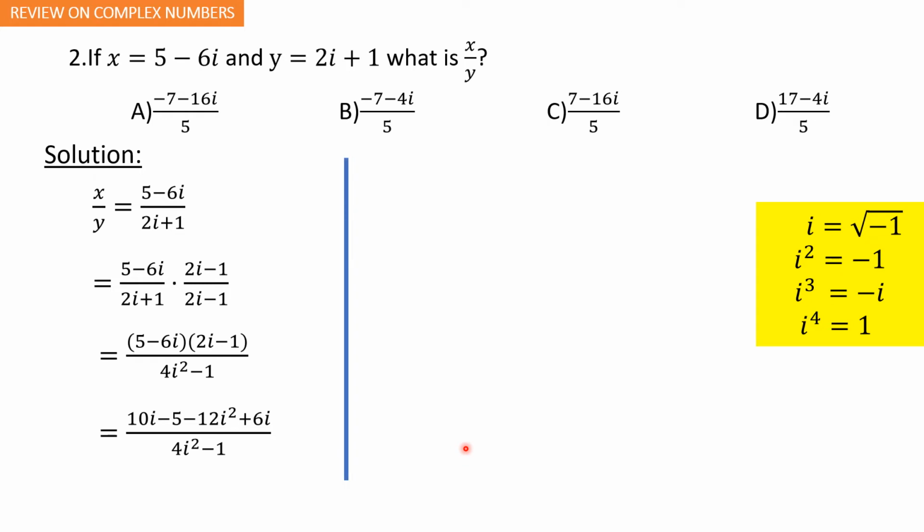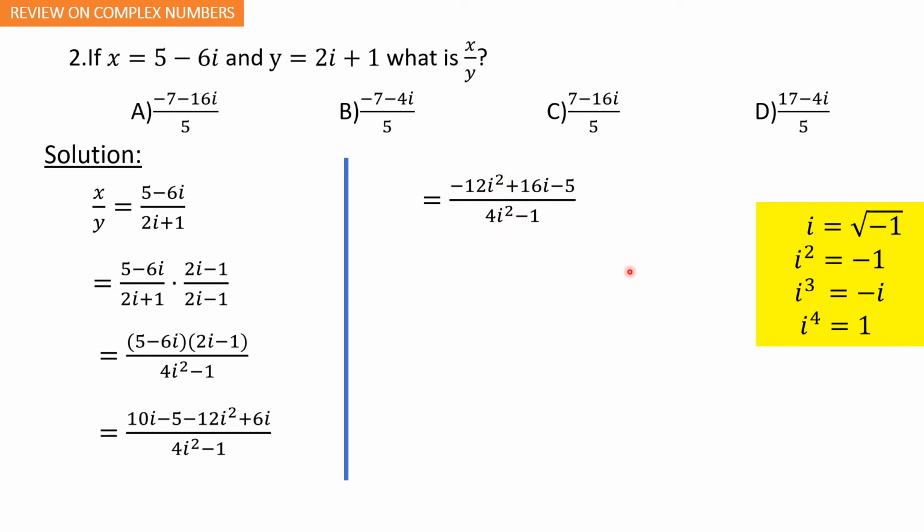So, dito tayo sa kabila. Let us now put together like terms. Pag-ayos muna natin. So, si negative 12i square, sulat muna natin dito. Then, we add up 10i and 6i. So, we have now plus 16i. And then, minus 5 all over 4i squared minus 1.